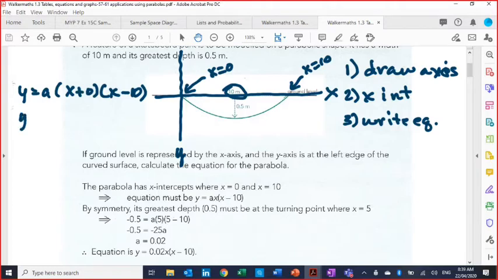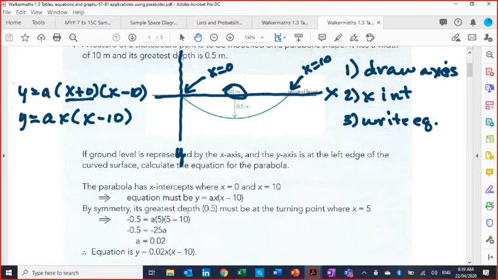Now let's clean it up. That gives me y equals a times x, because x plus 0 is just the same as x, right? Times (x minus 10). Okay, so easy to find the equation as long as you just draw in your x and y axes so that you can look at it as a graph instead of just a picture.